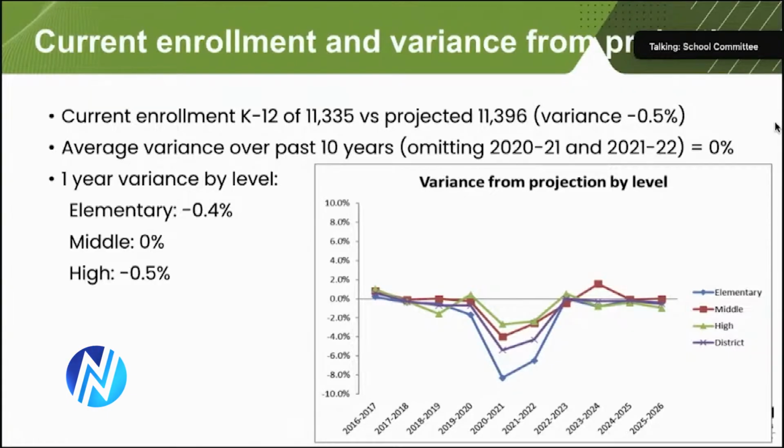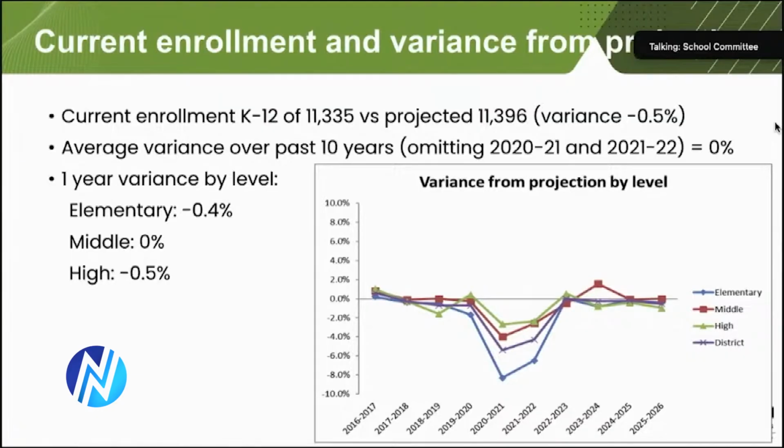As I mentioned before, our current enrollment K through 12 of 11,335 students resulted in a variance of negative 0.5% because we were projecting 11,396 students.